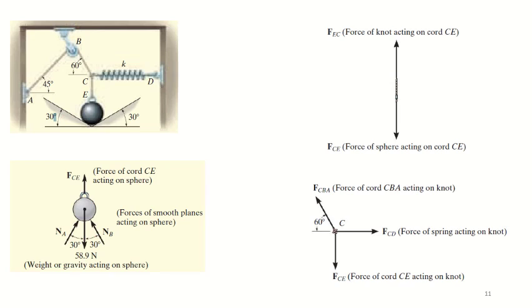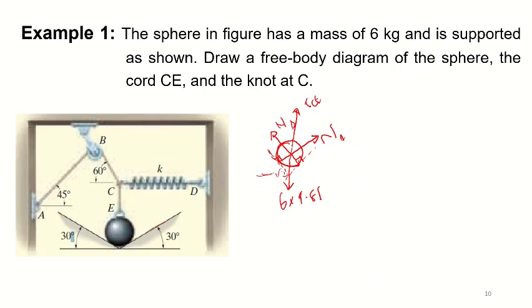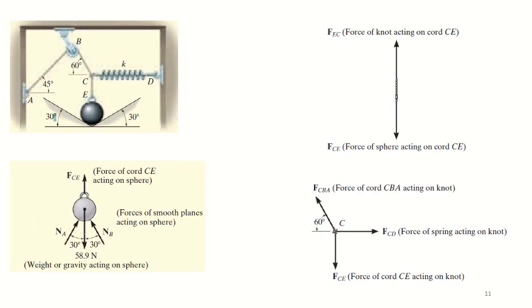Here this angle is 30 degrees, so this one is 60 degrees, and this angle is 30 degrees. You should use that geometry to calculate the angle. Then this is the free body diagram of the sphere.